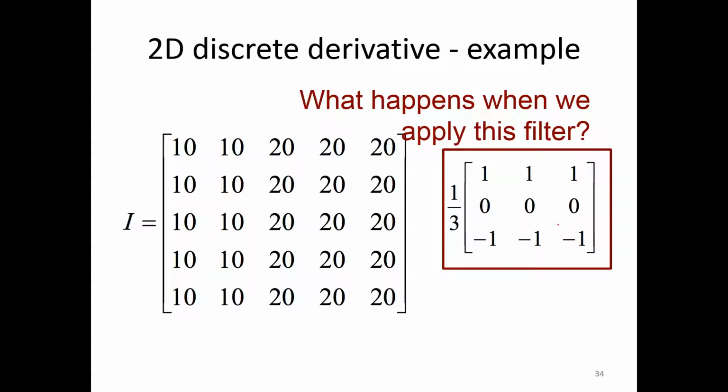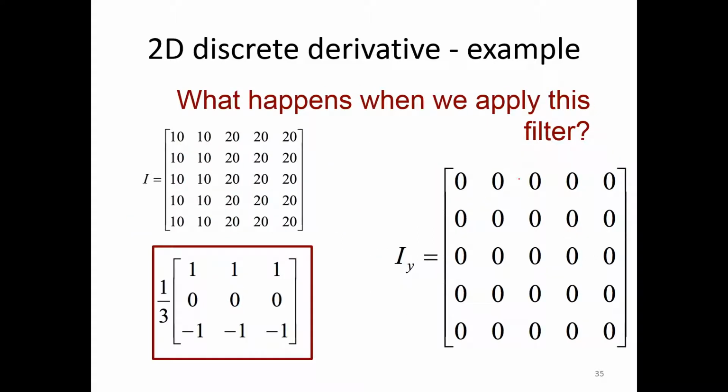If I apply the filter on this patch, it won't detect the vertical edge. And the result will be just all zeros, right? If you do a convolution, or a correlation, of this to this, then basically all zeros.